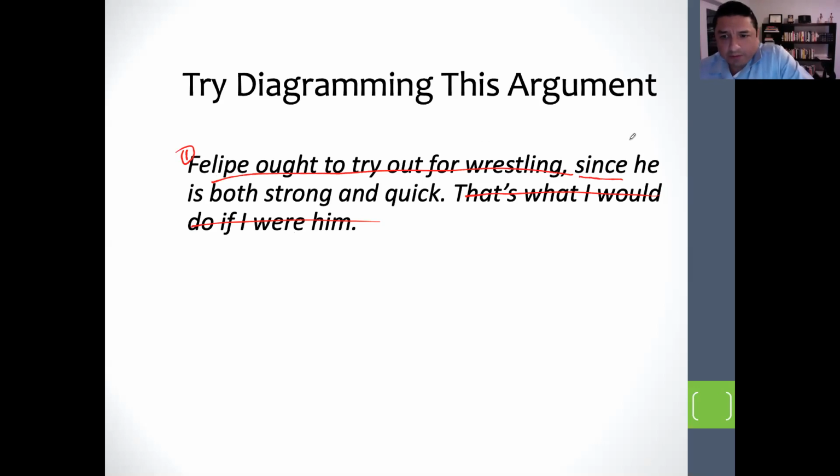So if you keep these two together, then you're going to have this diagram here. 1, 2. Alternatively, you could break this down into two statements. Let's see.